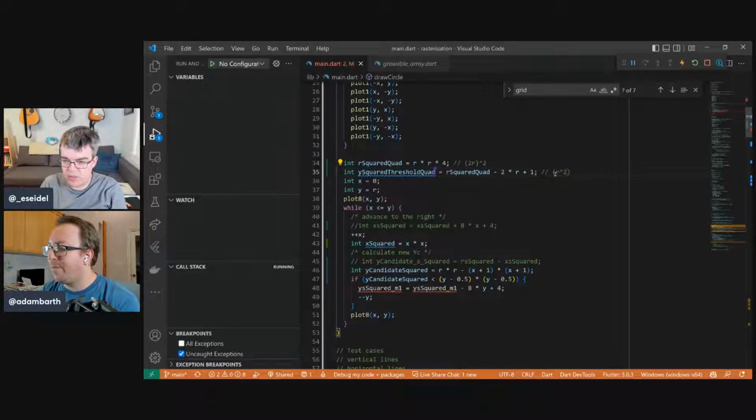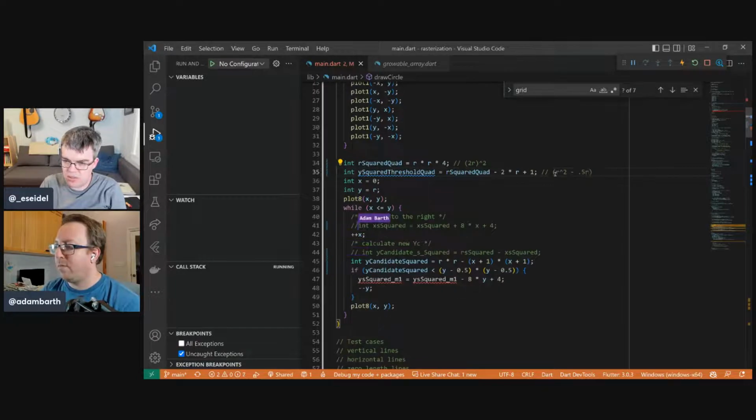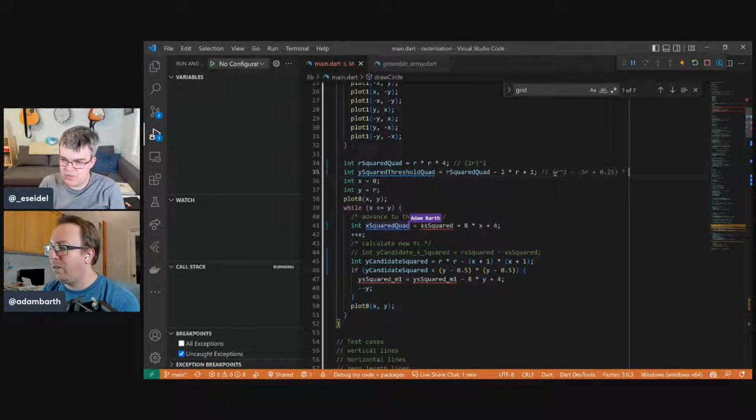R squared minus 0.5 R plus 0.25, times 4. It's 4 R squared.